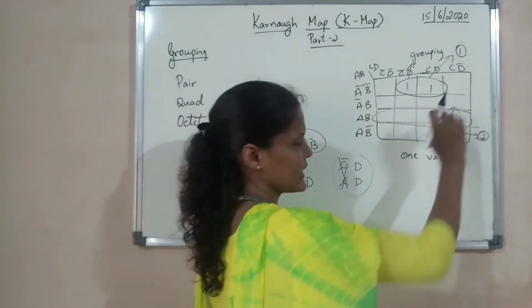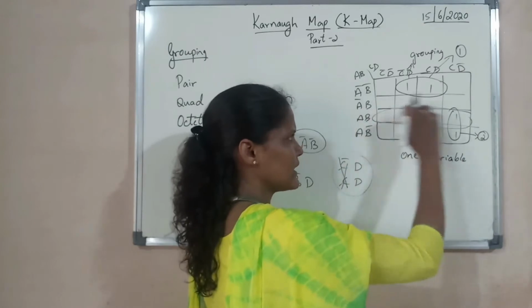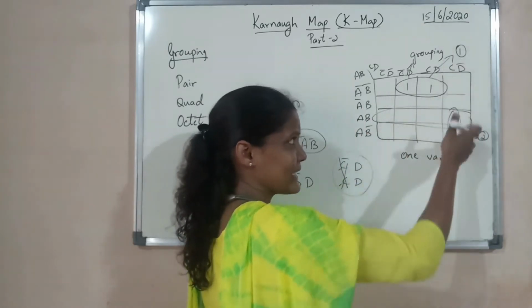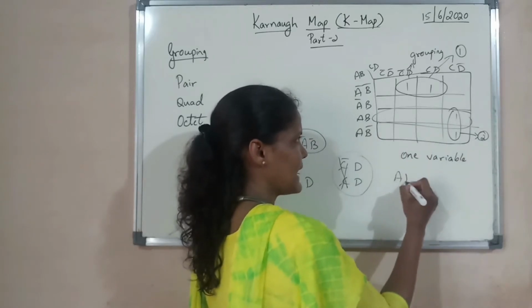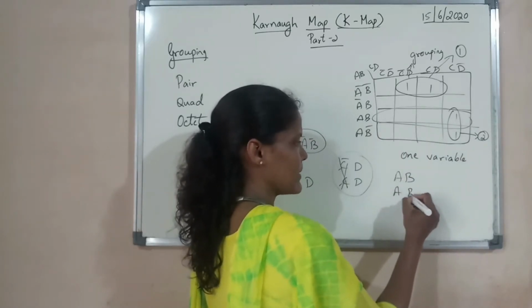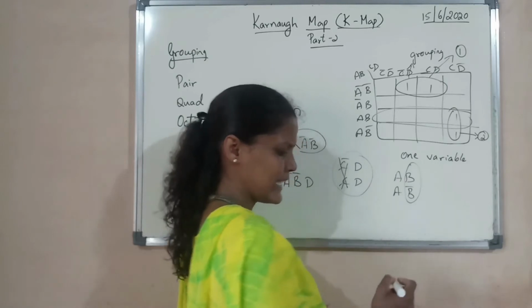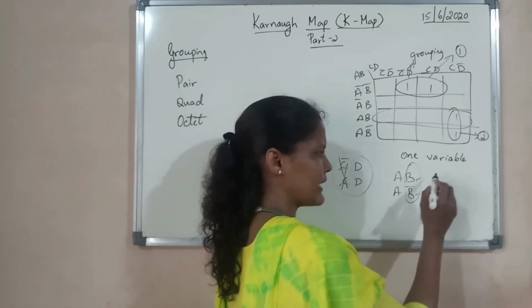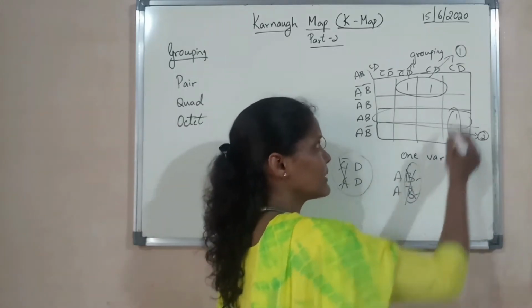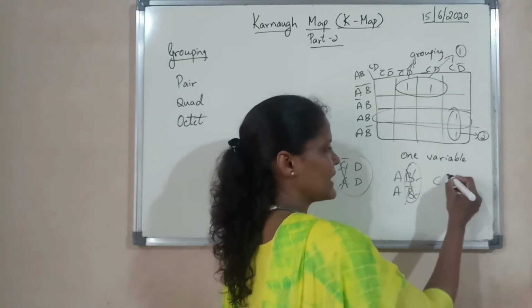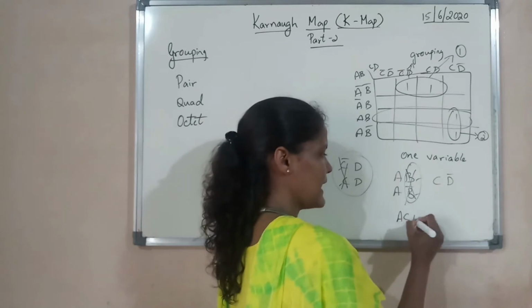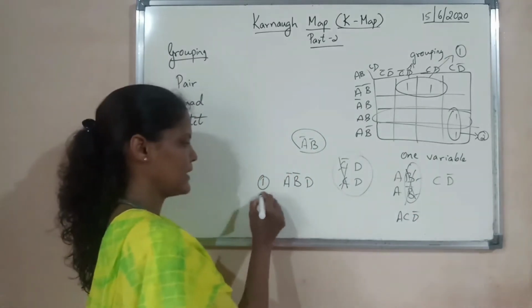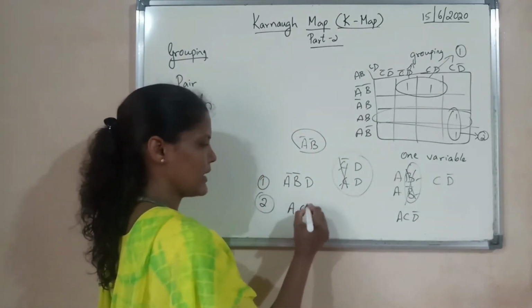Similarly, coming to the second grouping, here I have to consider these two rows as well as this one particular column. These two rows contain A B as well as A B bar. Here B is present in both complemented and uncomplemented form. So that term will be eliminated, and combining that with the column part, the expression for the second grouping is A C D bar.